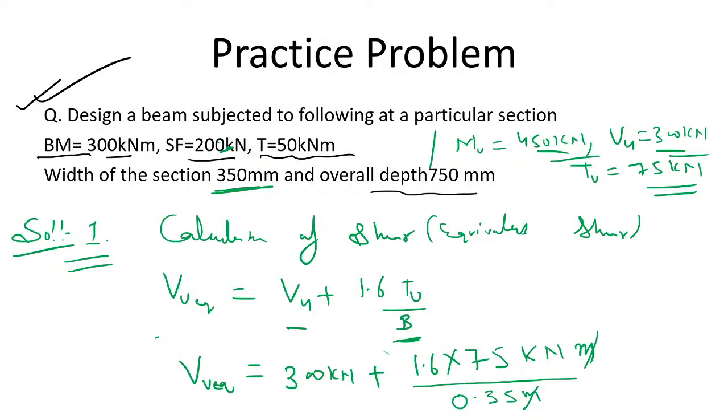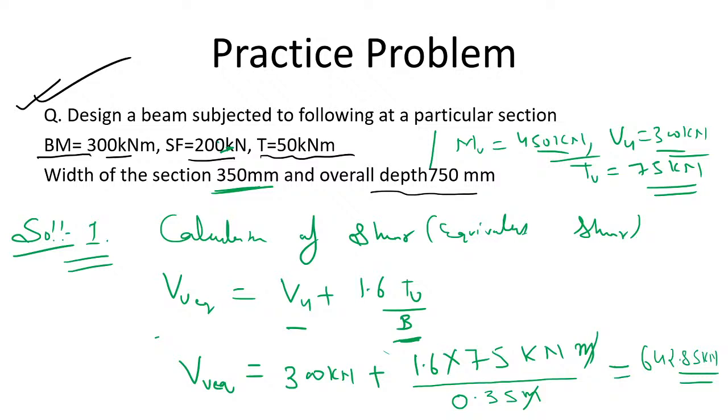Is it right? I don't know. 1.6 into 75 divided by 0.35 plus 300. So overall it is coming 642, which is quite high. Okay, so here it is quite high. So guys, what is next?